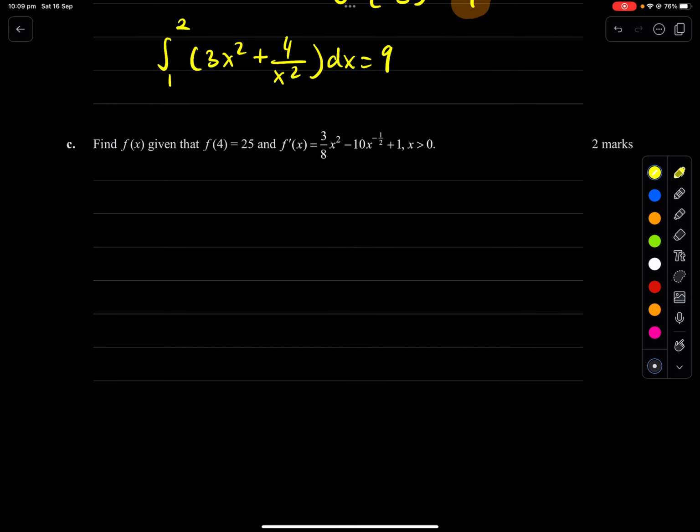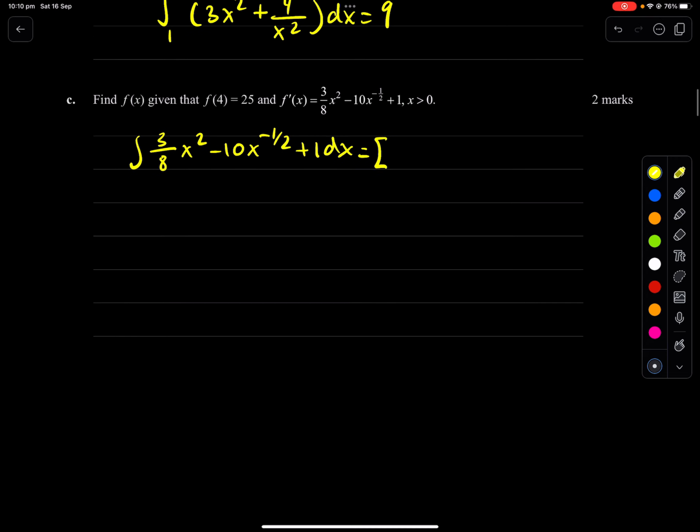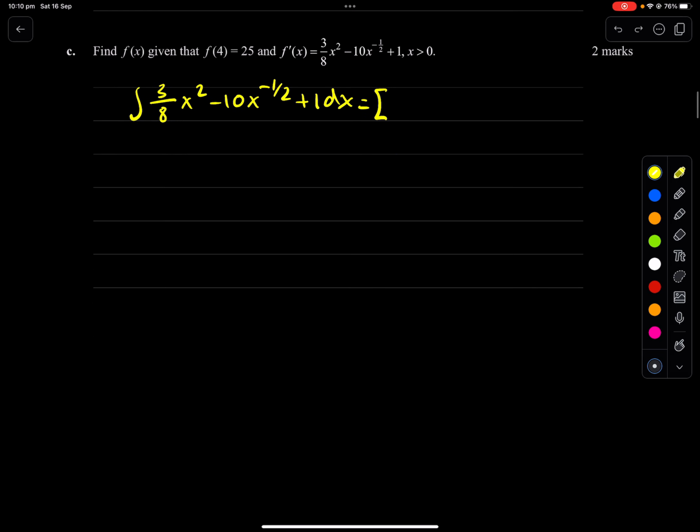Find f of x given this and that, so easy. So the antiderivative of 3 over 8 x squared minus 10 x^(negative half) plus 1 dx is what? Let's just find the antiderivative of this. Just take that constant out, 3 over 8 times the antiderivative of x squared, which is x^3 on 3. Multiplying both of these, those cancel out, so it'll be x^3 on 8.